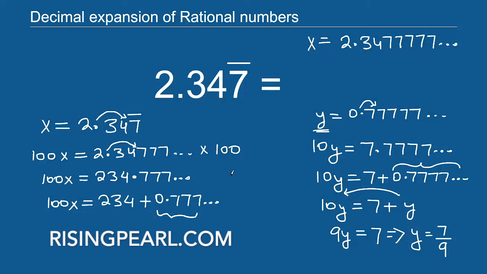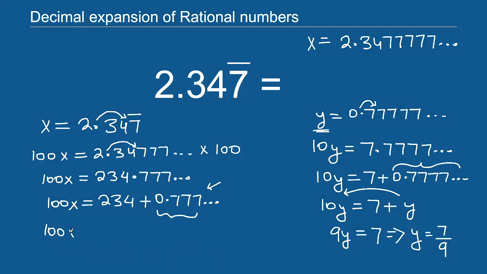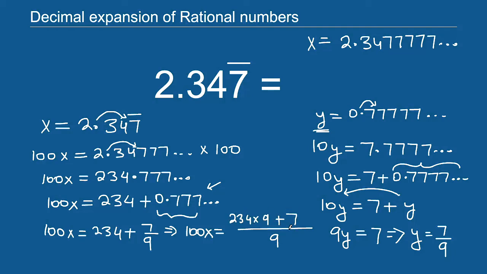So we know y is equal to 7 over 9. That means we can simply plug this in for y. So we can write here 100x equals 234 plus 7 over 9. And if we simplify this, we'll get 9 in the denominator. We will get 234 times 9 plus 7. And then we divide both sides by 100 to cancel it off here, so we'll get 900.